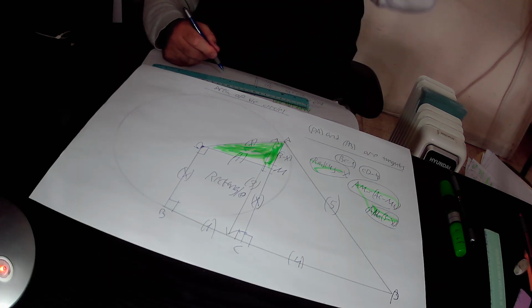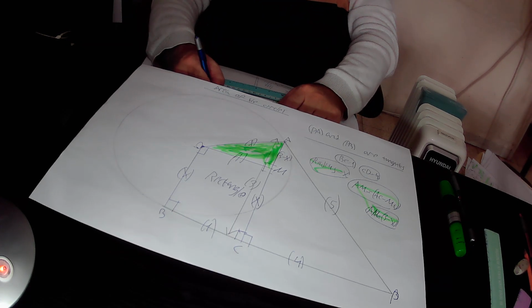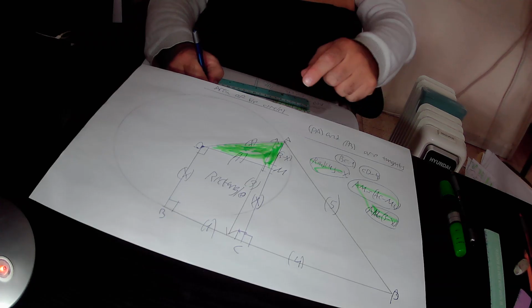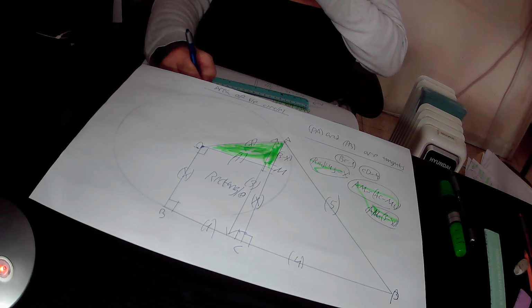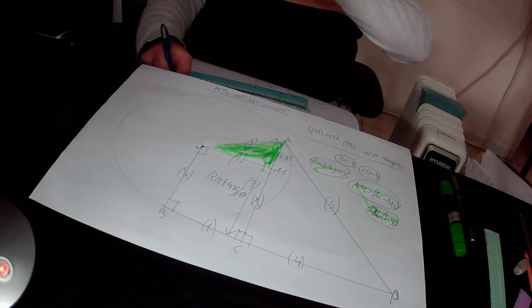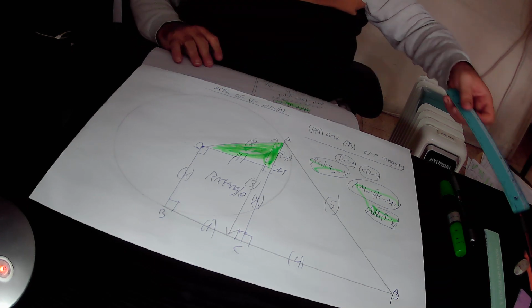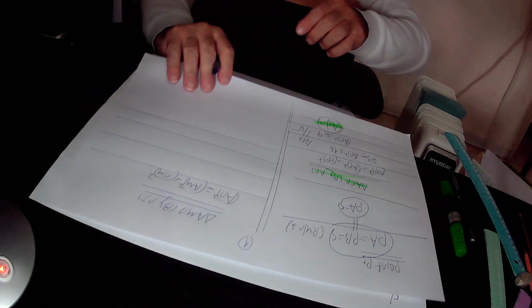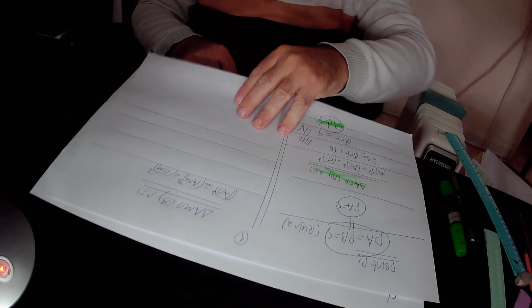In this right-angled triangle AMO, according to the Pythagoras theorem, AO squared, the square of the hypotenuse, equals AM squared plus OM squared.